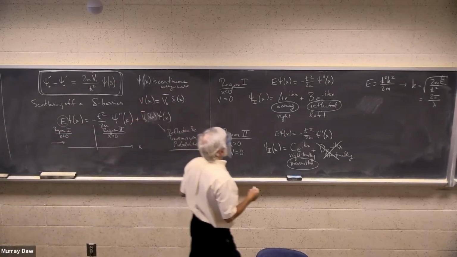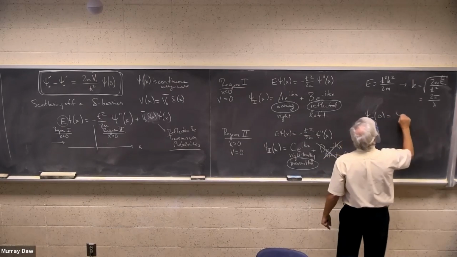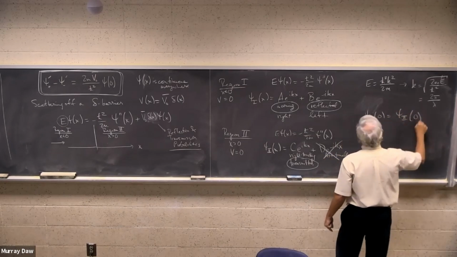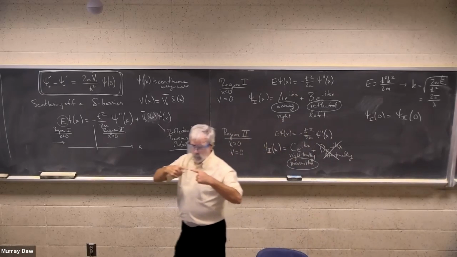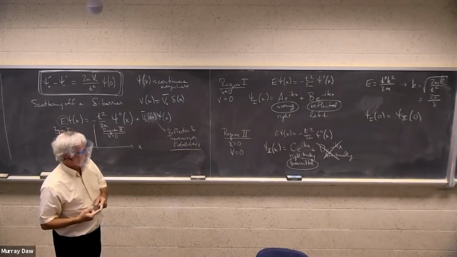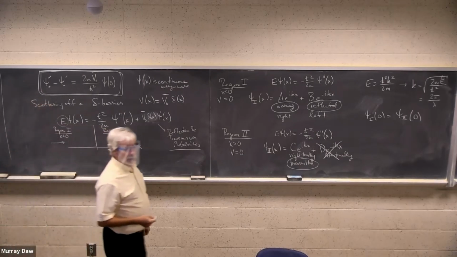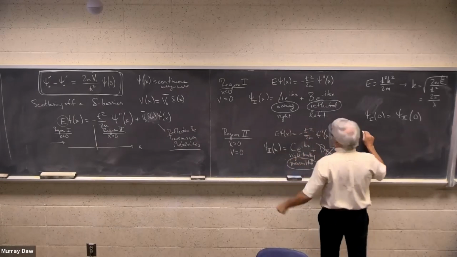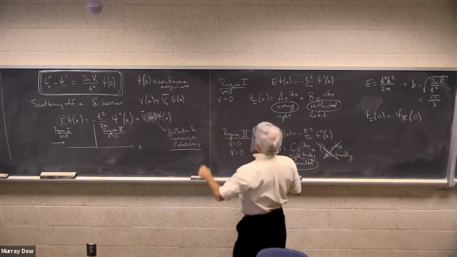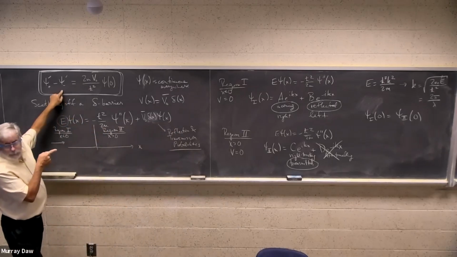Okay, so first, psi is continuous everywhere. So these two pieces, the left and the right, have to match at x equals 0. But the slope is going to be discontinuous. So psi prime plus is in region 2. Psi prime minus is coming in from region 1.